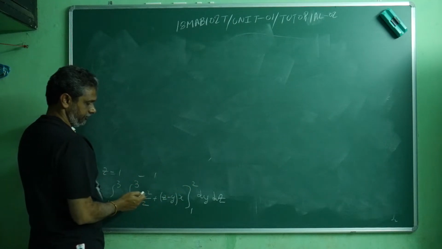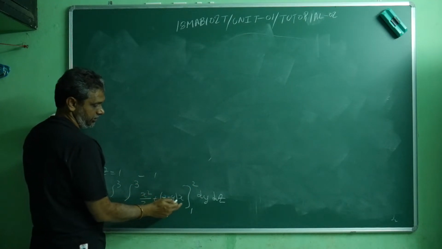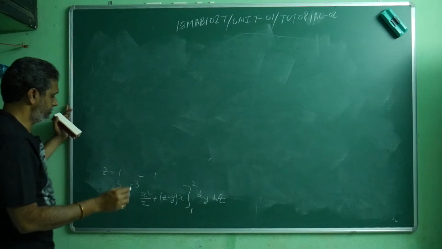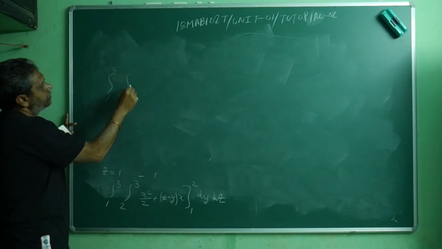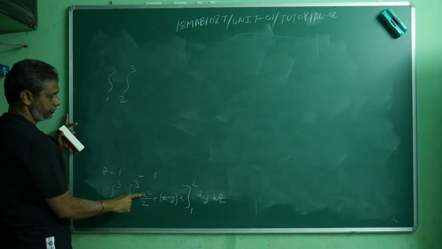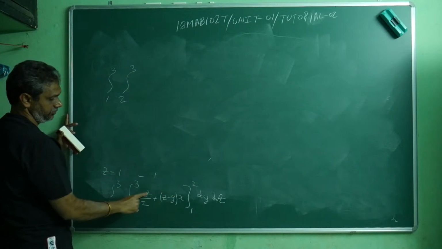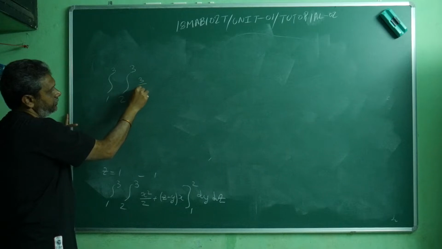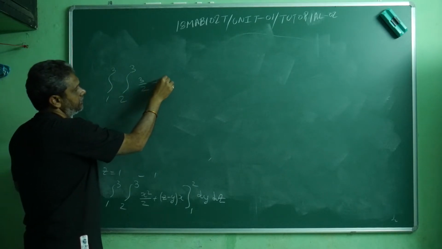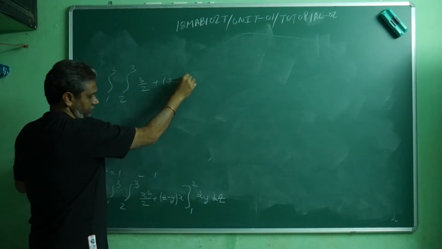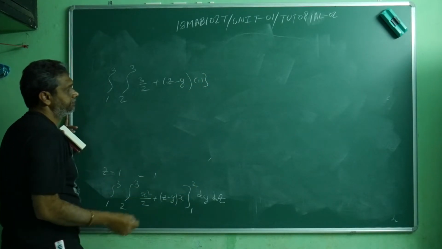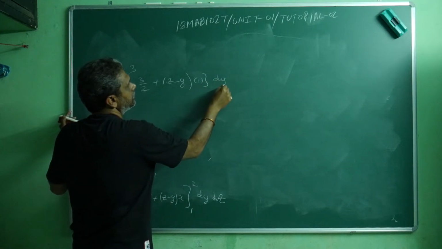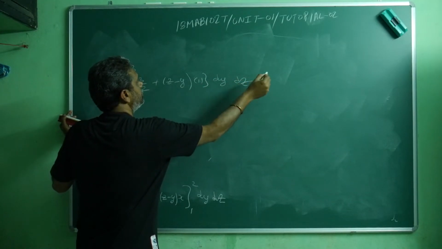Now if you apply, this upper limit is 2, so 4 minus 1, 3 by 2. This is 2 minus 1, which is 1. So the balance term is, with limits 1 to 3 and 2 to 3: 2 squared upper limit minus 1 squared, 4 minus 1, so 3 by 2, plus (z minus y) times (2 minus 1), which is 1, then dy dz.